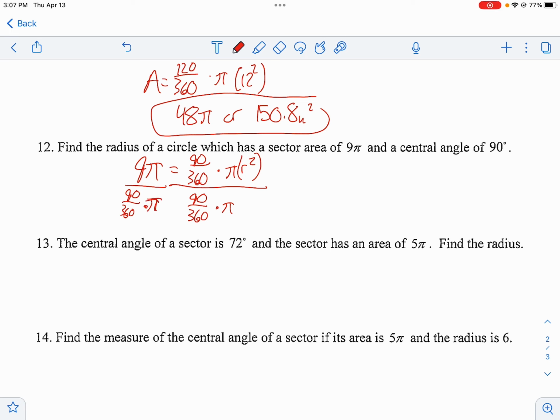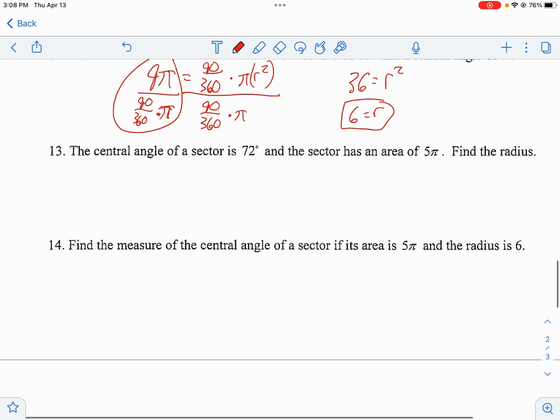So in my calculator, 9 pi divided by 90 over 360 times pi, I'm going to get 36 is equal to r squared. This whole thing came out to 36. And then that means 6 is my radius.